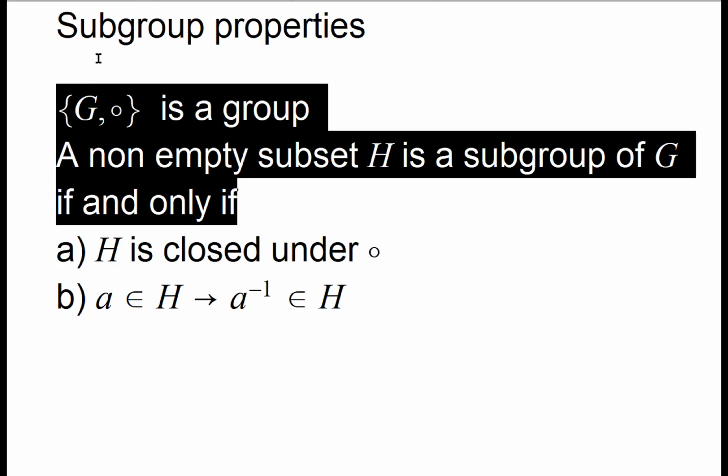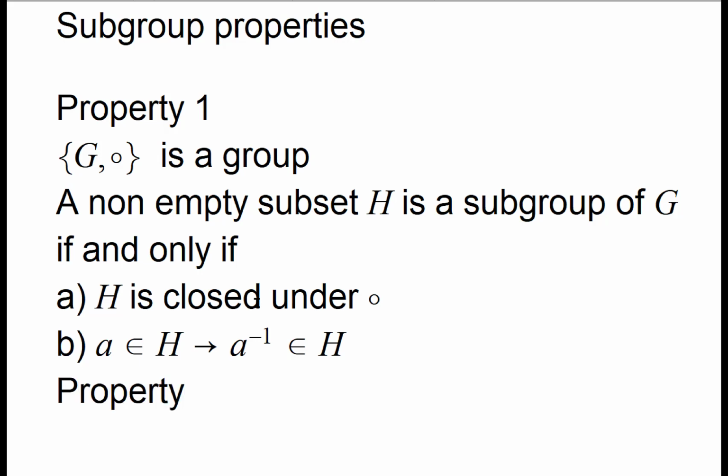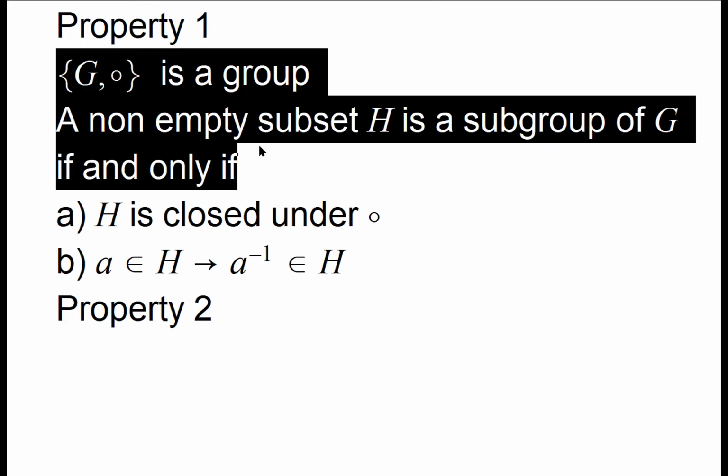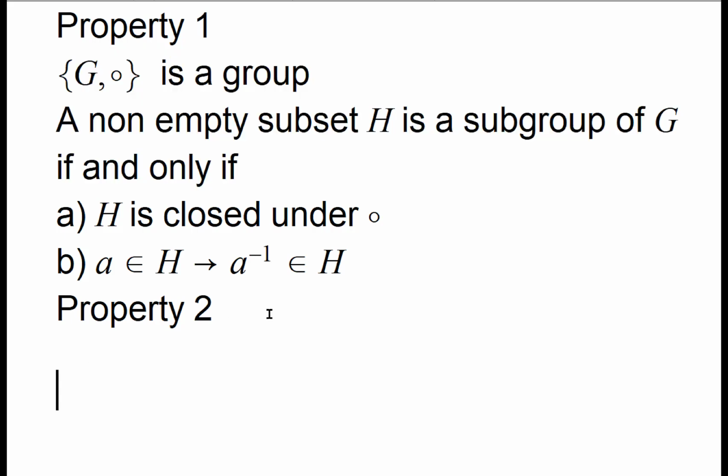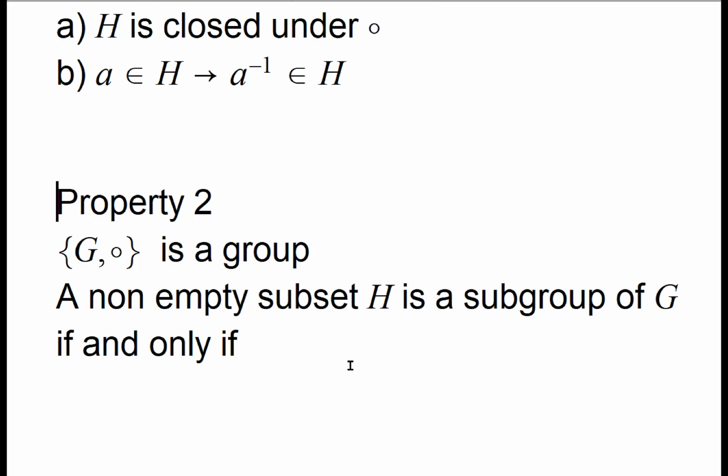That is property two. I'm changing those two statements to this: if A, B are elements of H, then that should imply that A times B inverse should also be in H.